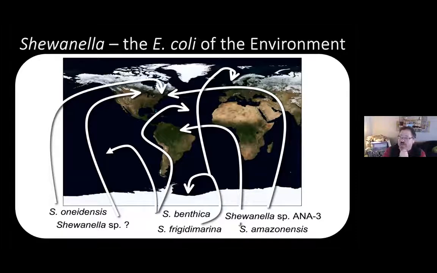These bacteria are widely distributed in the environment, mostly in aquatic systems, mostly marine, although they can be found in freshwater systems. Their wide distribution, we think, is driven by two basic properties of these bacteria. One is they have a wide temperature range at which they can grow.